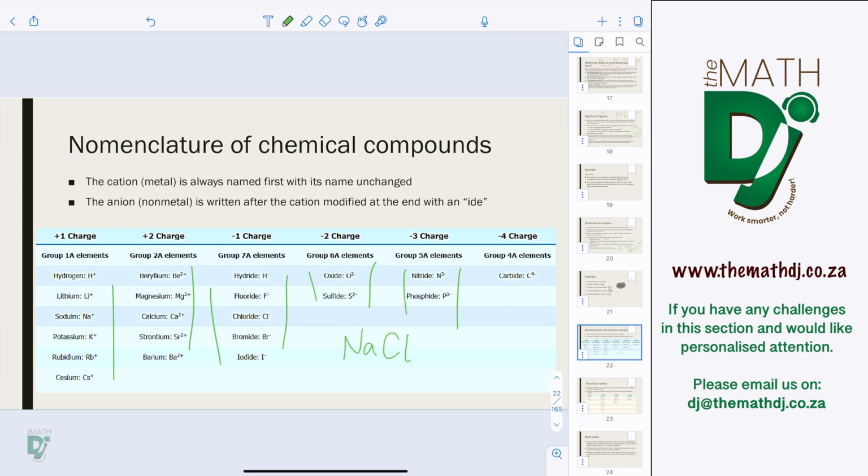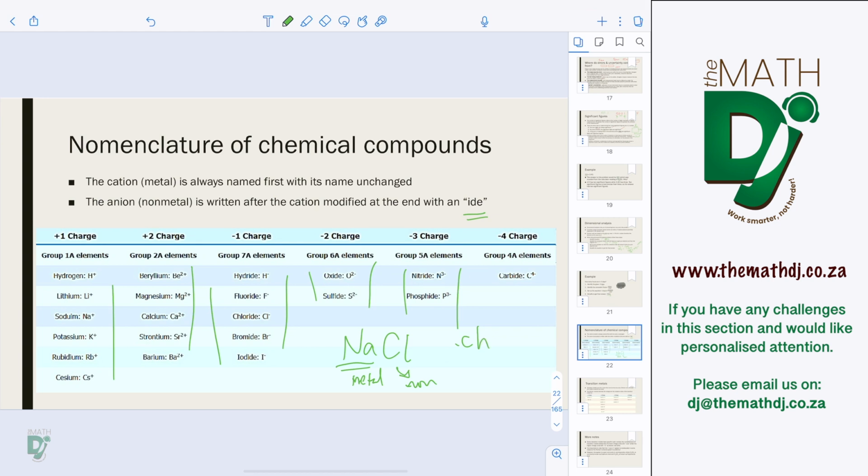This is the cation, the metal part, and the non-metal. The normal name is chlorine, but because it has formed a compound, we add the -ide, so it will be chloride.